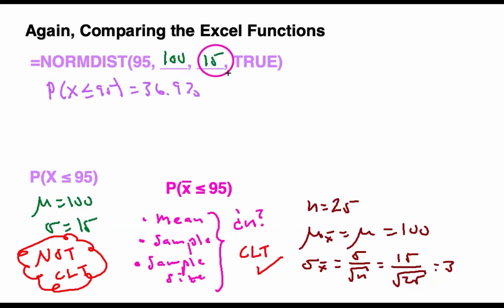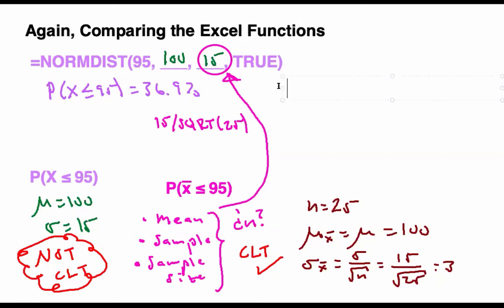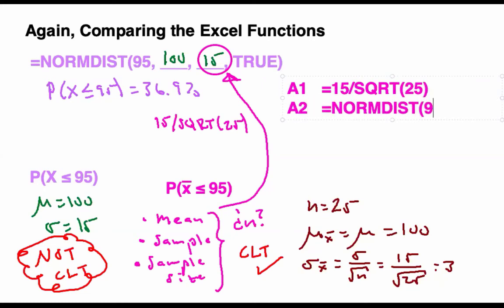What changes for the next problem in fuchsia is the standard deviation here, 15, changes based on the central limit theorem. Everything is the same, but 15 is replaced with 15 over SQRT 25. And that would give us our new value. The way I would enter it would be in a manner that more clearly shows my work along the way. In cell A1, I would enter equals 15 over square root of 25.